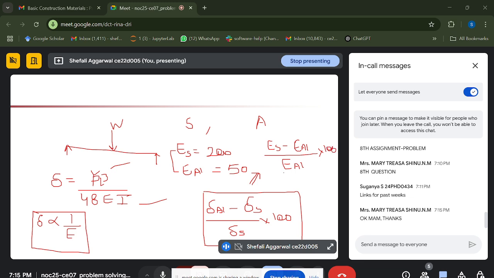That will be the percentage increase in deflection. Is it clear? Okay.